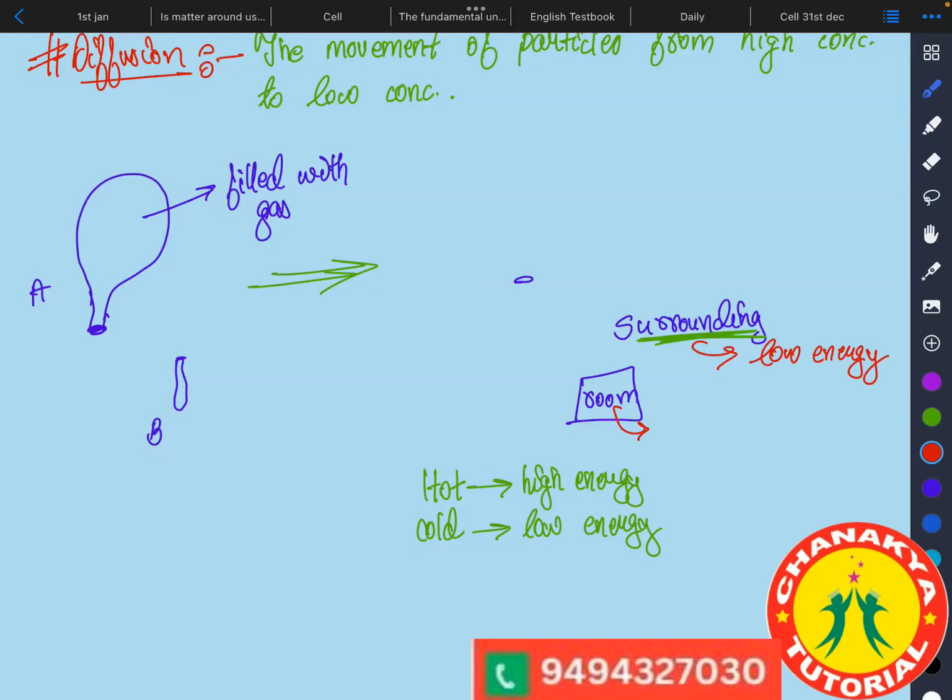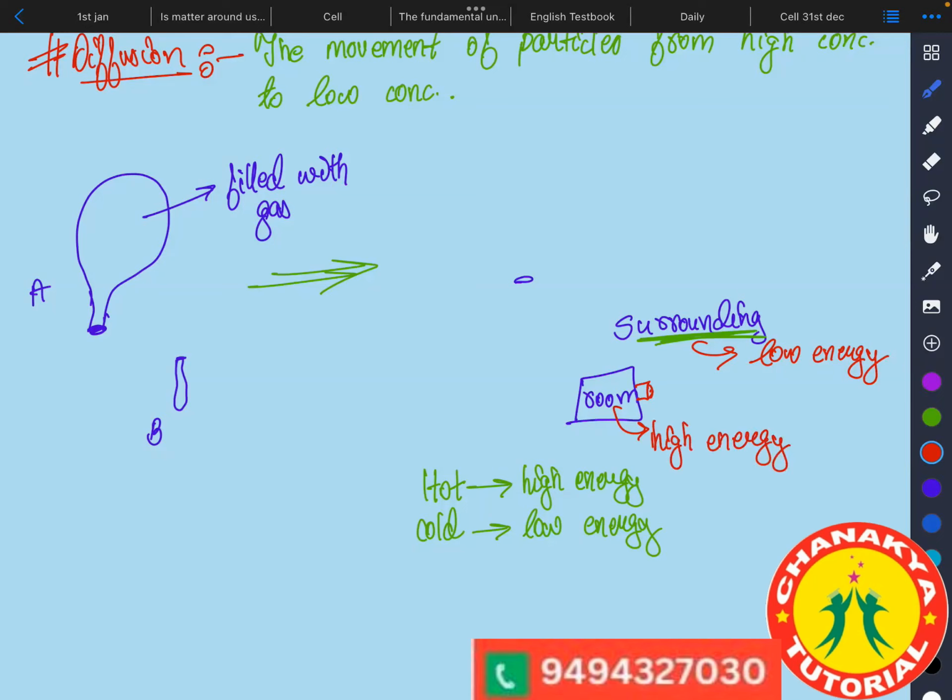And the room, let's say I first turned on a heater. The room has become sufficiently hot, and then I have opened the door. The room was earlier high energy because it was hot.